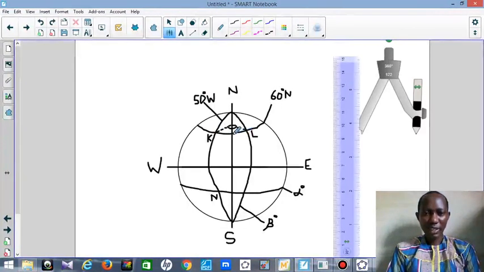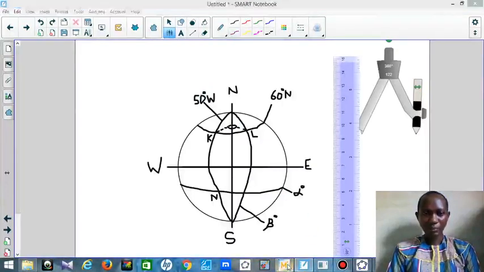So now do you get this small angle from 0 to K? This is what we need to get now. How do you get it? All you need to do is subtract 63 minus 50. Whatever we get will be the remainder.